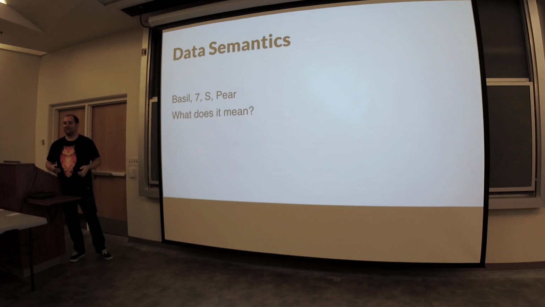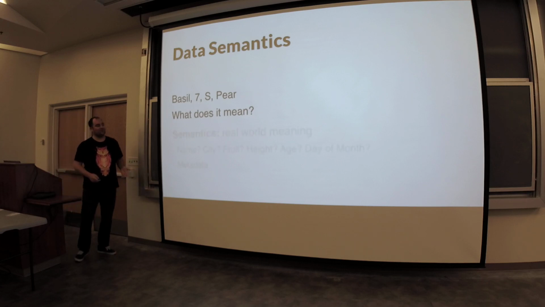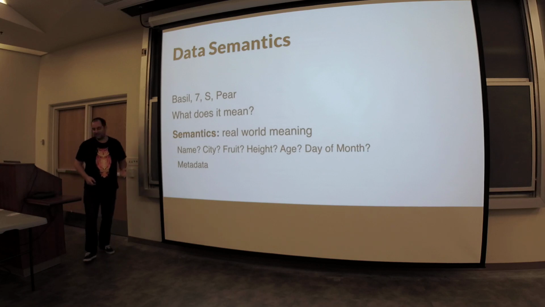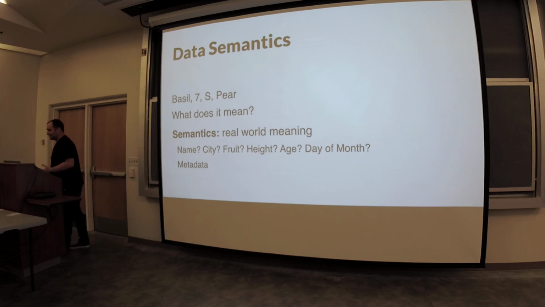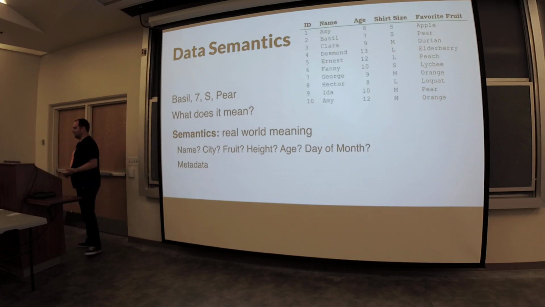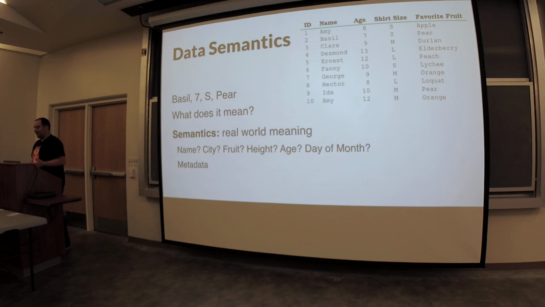We don't know, but if we provide the semantics and the real world meaning, we can understand that. So we need this metadata to interpret the data. In a tabular data set, that's usually the table header. So we have name, age, shirt size, and favorite fruit, and now we have clarified what this vector means.